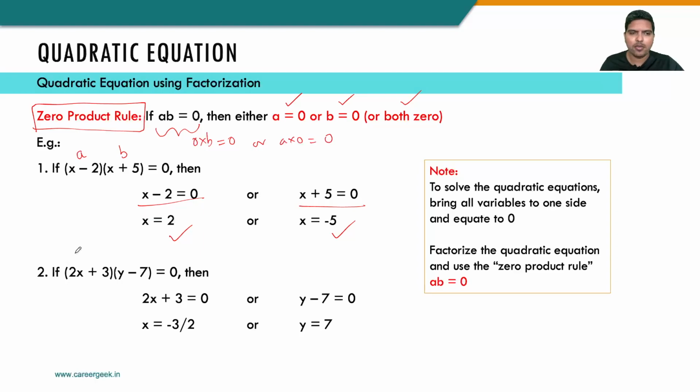Similarly, in the second one, after factorization, either the first quantity 2x plus 3 is 0 or the second quantity y minus 7 is 0. So either x is -3 by 2 or y equal to 7 or both. This is how you will need to apply the zero product rule, and I hope it is clear that either one of them should be equal to 0.